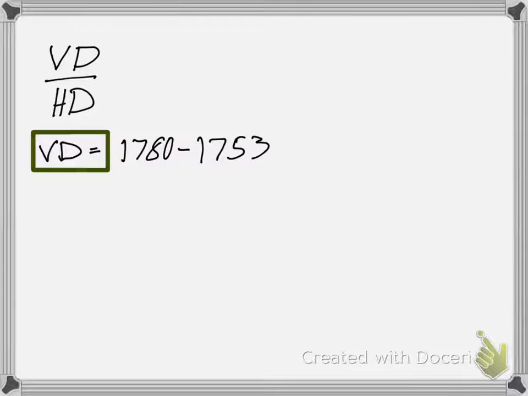Okay, and just get out your calculator and work it out with me. So 1780 minus 1753, and that's going to give you 27 meters. Don't forget the meters, really important. Okay, so we have our VD, great.